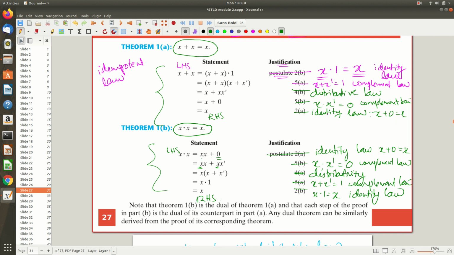Each and every step in the proof technique is also dual. If this proof is valid, definitely this will be valid. You can simply change it to the other proof by taking the dual of each and every sub step. Hope it is clear. We will see subsequent theorems and more about it in the next video.